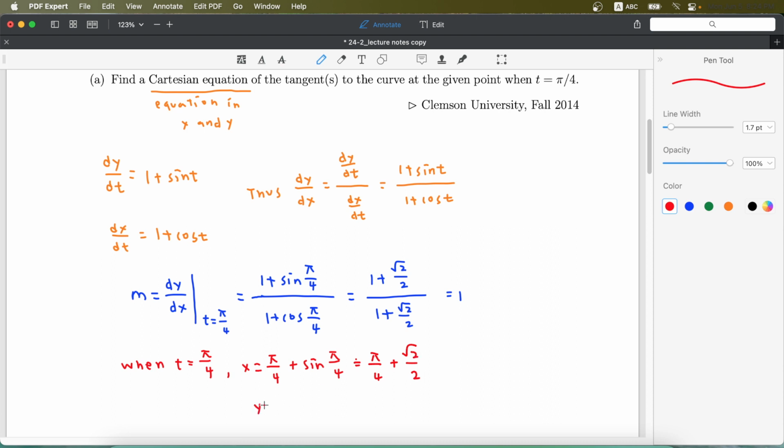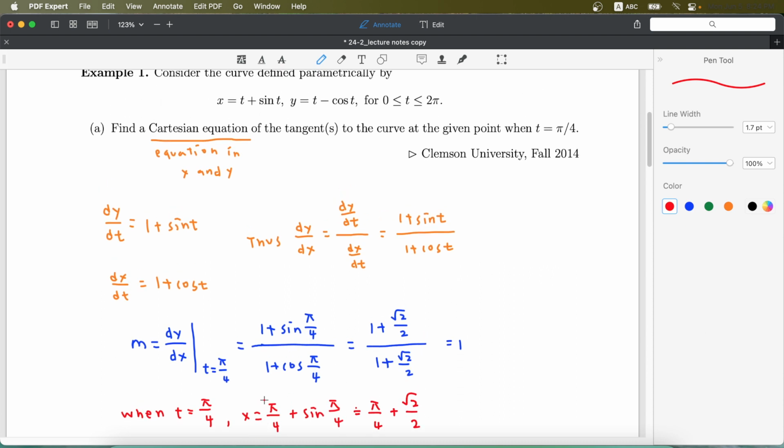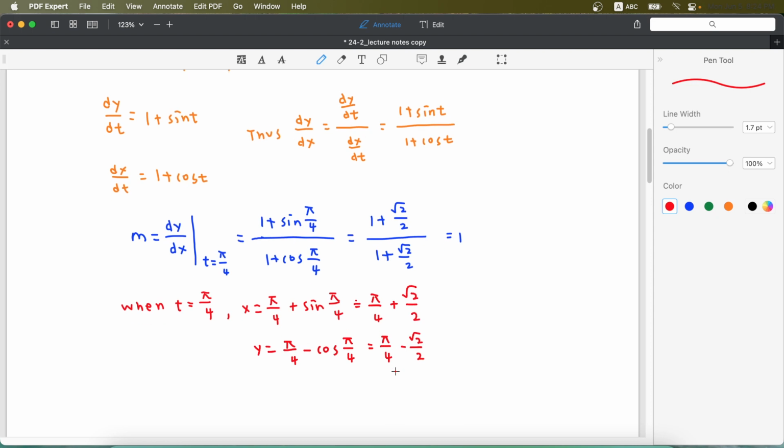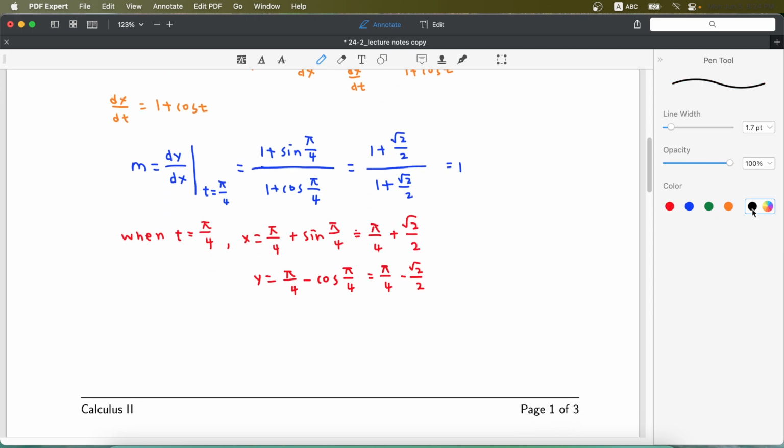And my y is t minus cosine t, so that should be pi over 4 minus square root 2 over 2. Okay, let's finish this.